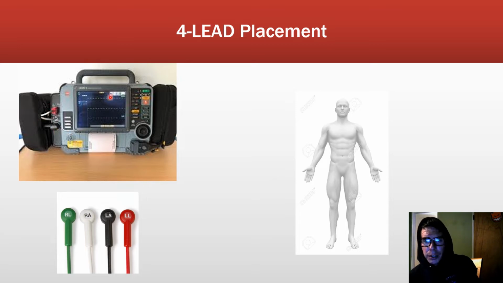Then also on this monitor, it has something called capnography, which is like those little nose things you put in for oxygen. And there's also one that can stick on advanced airways, like endotracheal tubes and stuff, but it measures the air you're breathing out and measures the carbon dioxide in that air. And in turn, what it does is it tells you what the person's cellular metabolism is doing.